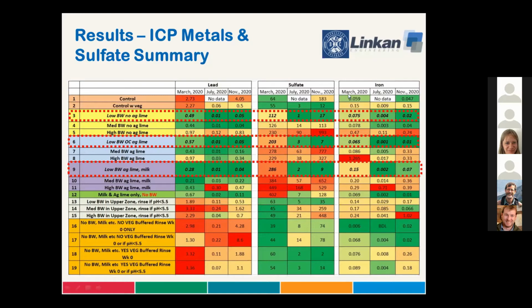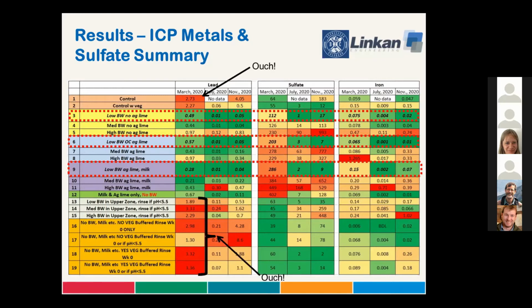Not too much sulfate, and the iron is again pretty low, and it shows that the control has also got some lead mobilization. So this is something that you don't want to pursue.